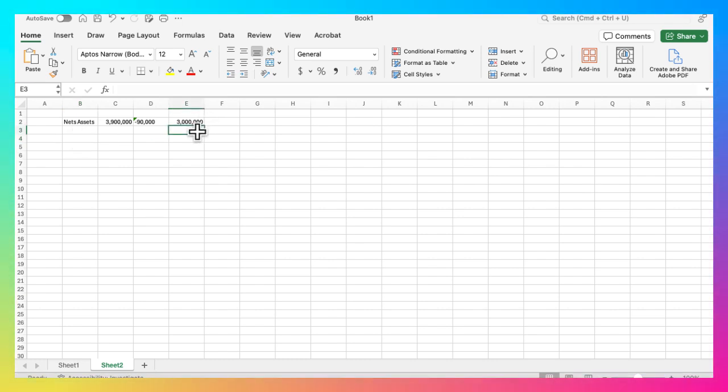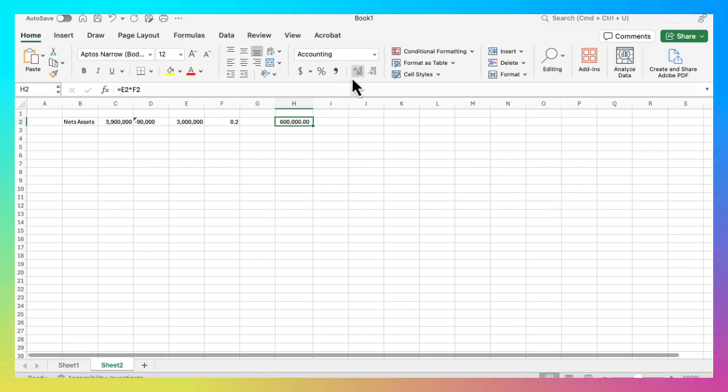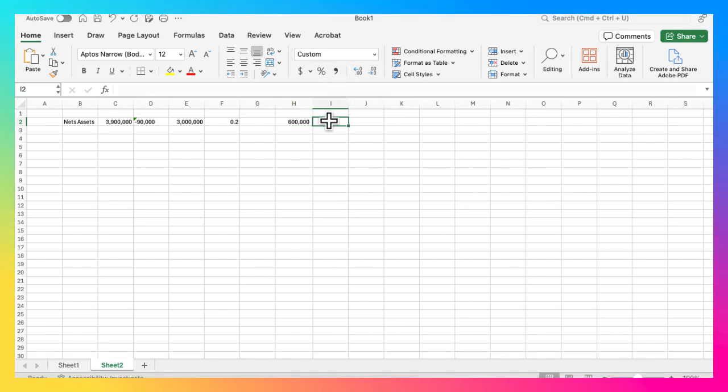Well, we know, because the problem told us, that we acquired 20% of the outstanding common stock. So we're going to take that $3 million of net assets and we're going to multiply it by our percentage ownership of 20%. We end up with $600,000. Okay, that's the net assets.